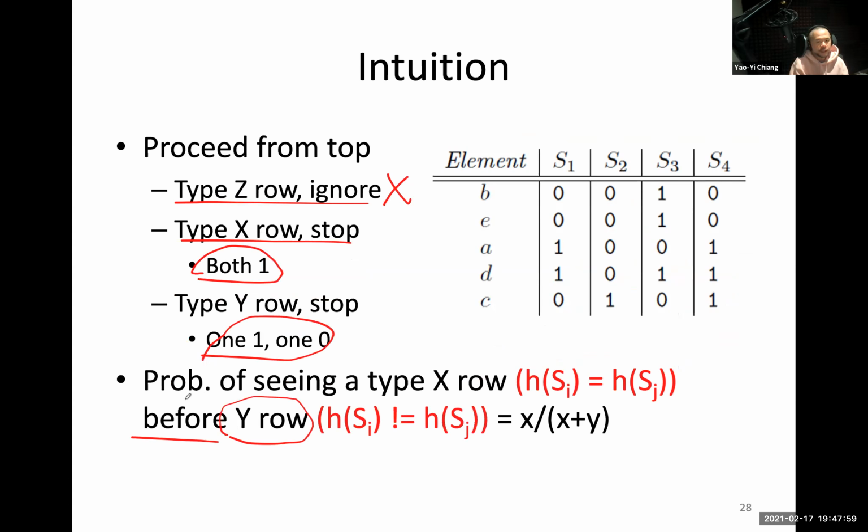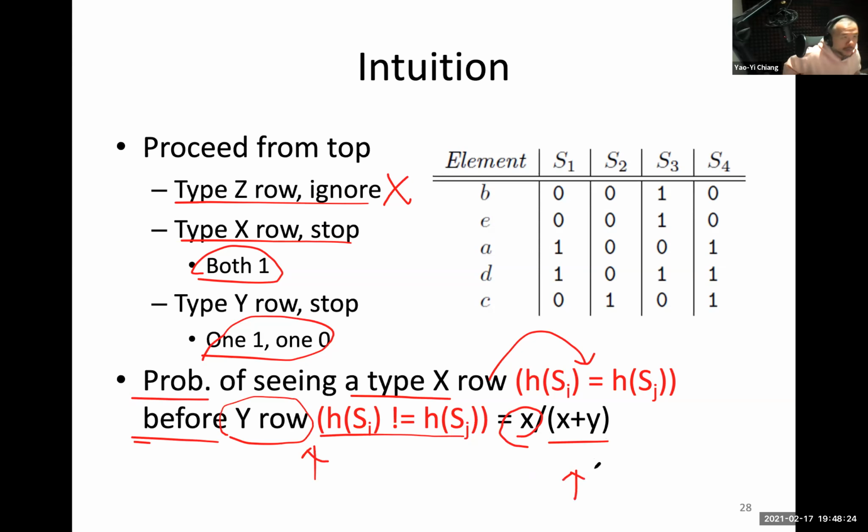So the probability of seeing a type X, which implies these two signatures are the same, before seeing a type Y, which implies they are not the same, is X over X plus Y, right? Pretty straightforward. If you have many, many X compared to Y, then this number will be large. That means the probability of two documents to have the same signature will be large.